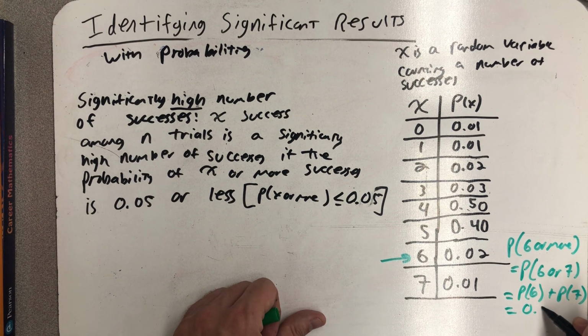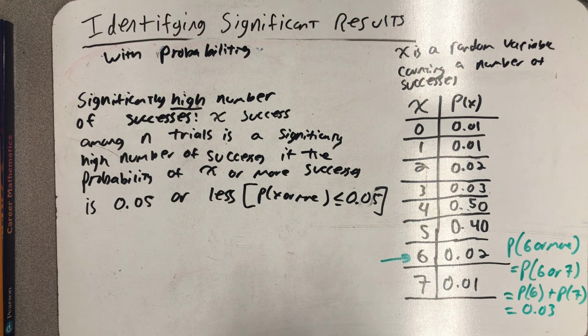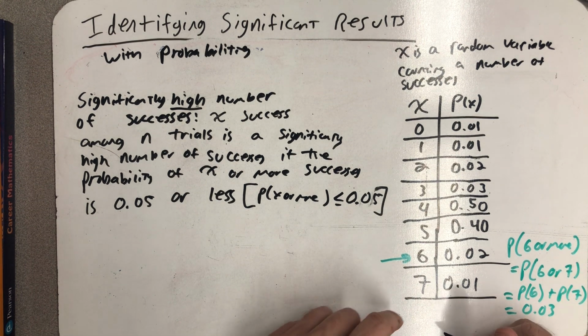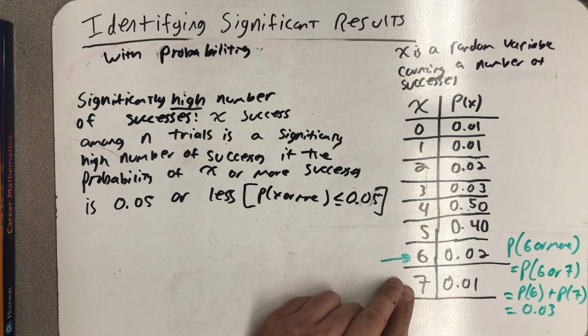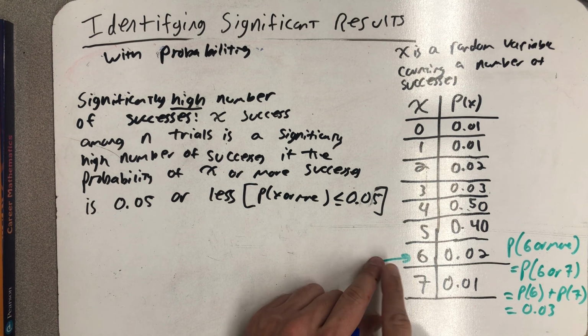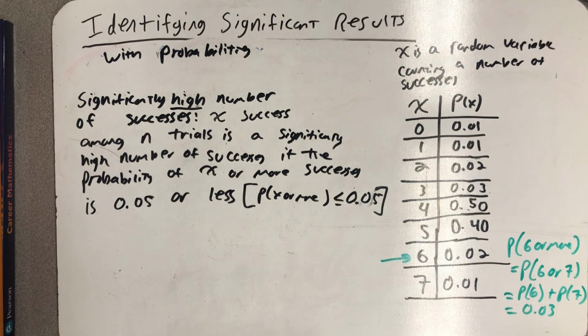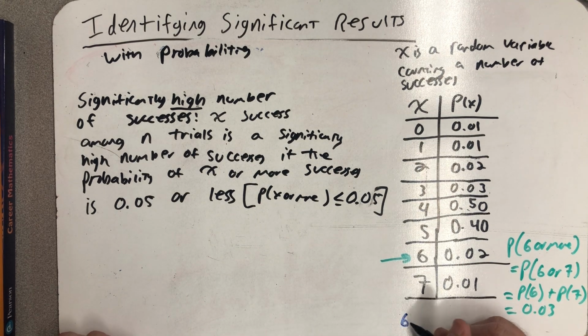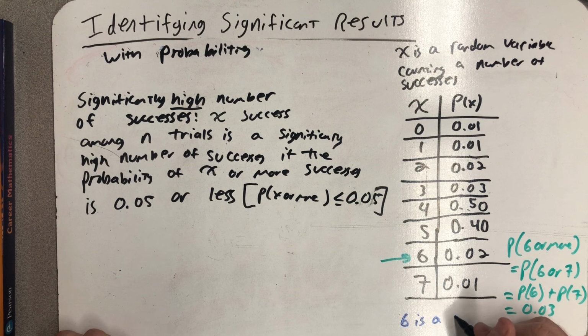So I get 0.03, which is less than 0.05. 6 is a significantly high number of successes. So 7 is a significantly high number of successes too, right? This kind of becomes the first one, and anything more than that would be too. But I'm just going to write down 6 is a significantly high number of successes.